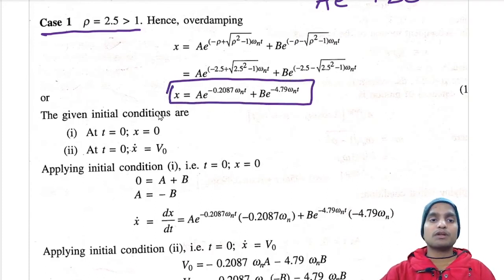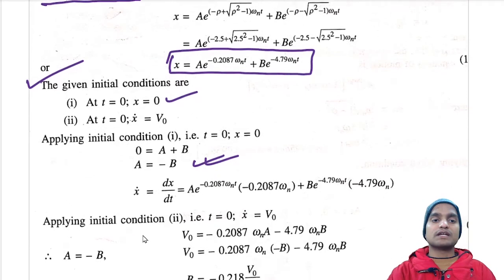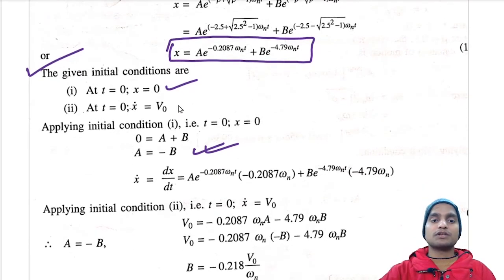Now using the given initial condition, when at time t equal to 0 x was equal to 0, if we put t equal to 0, then A plus B comes out to be equal to 0. So A is equal to minus B. Now use the second initial condition, that is at time t equal to 0 the velocity is v naught, the initial velocity.